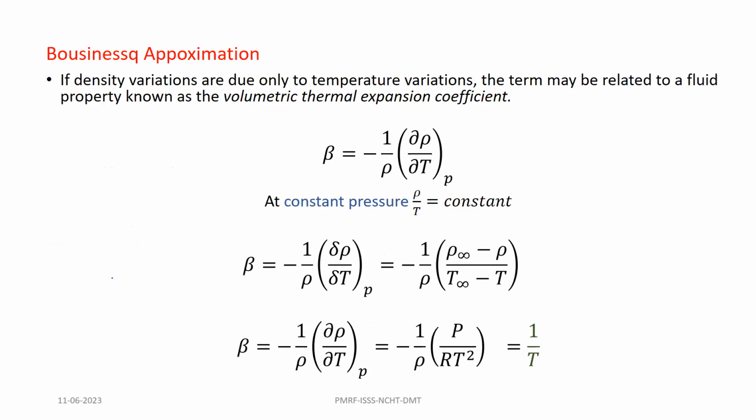So a scientist named Boussinesq gave a term beta. This is called the thermal expansion coefficient. It is defined like this: minus 1 by rho dou rho by dou T at constant pressure. It is called the volumetric thermal expansion coefficient.